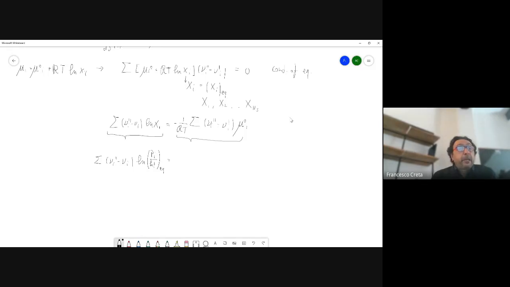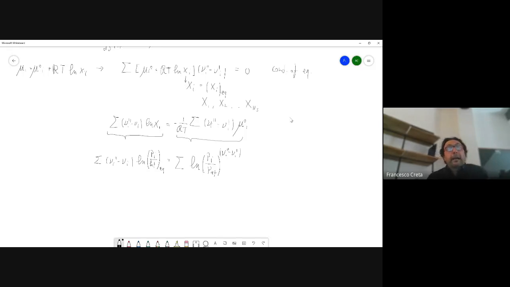In fact, being a natural logarithm here, I can have this factor brought up as a power, so this would be the logarithm of p_i as a power of the difference of stoichiometric coefficients for species i, okay?